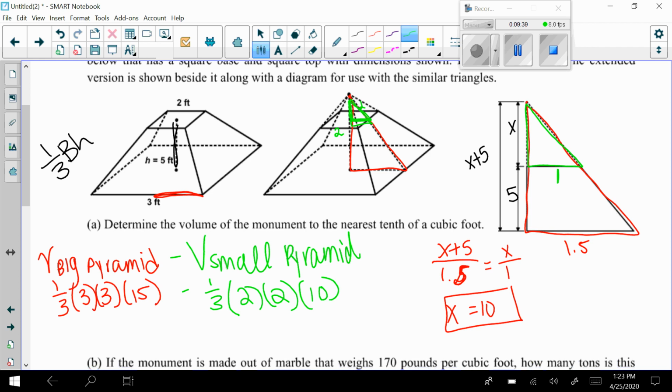You should have gotten 45 minus 13 1/3, which should give you 31.7 when you round to the nearest tenth, cubic feet.